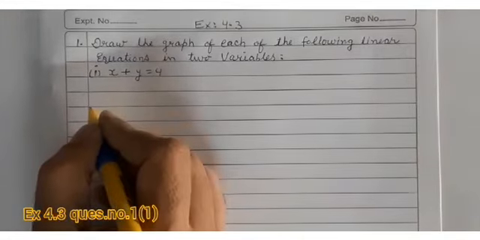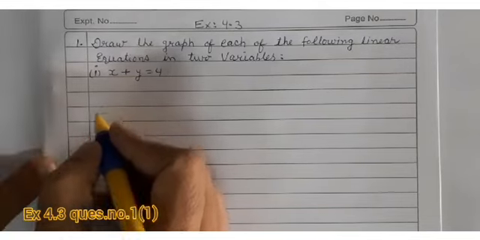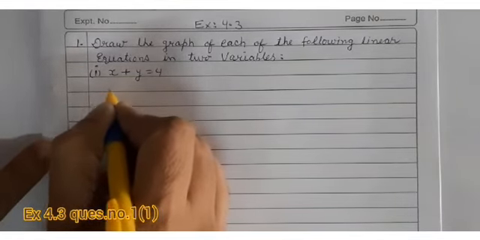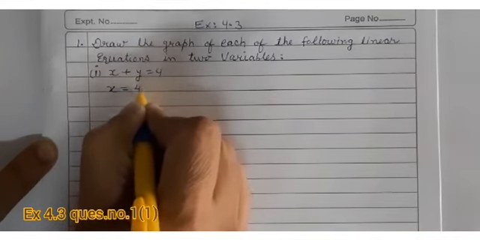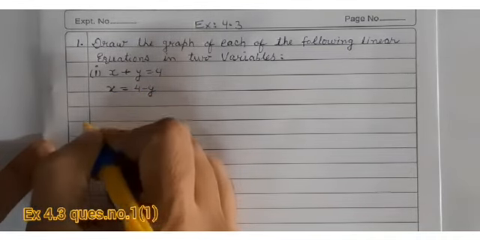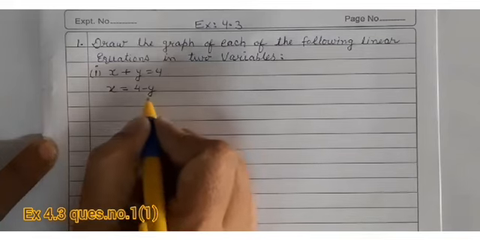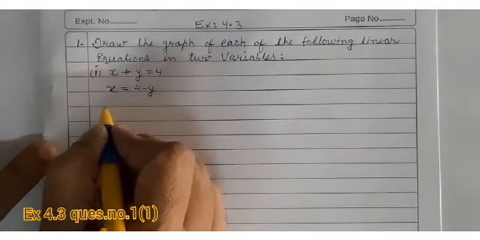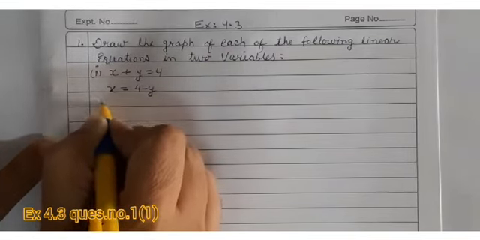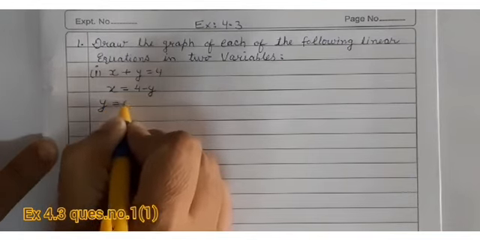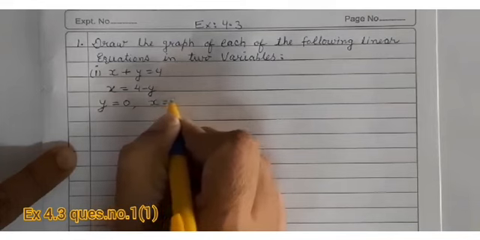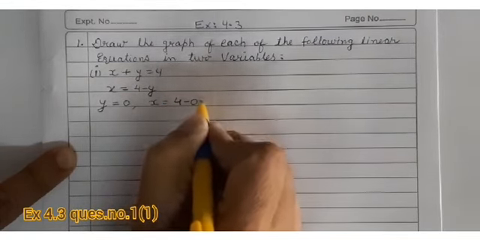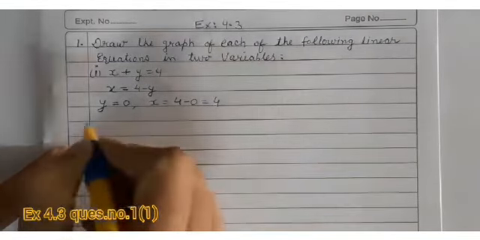See here, I am trying to convert and get the value of x or y. x is equal to 4 minus y. I can take any value of y and get the value of x. If I take y is equal to 0, then x will be 4 minus 0, that is 4.